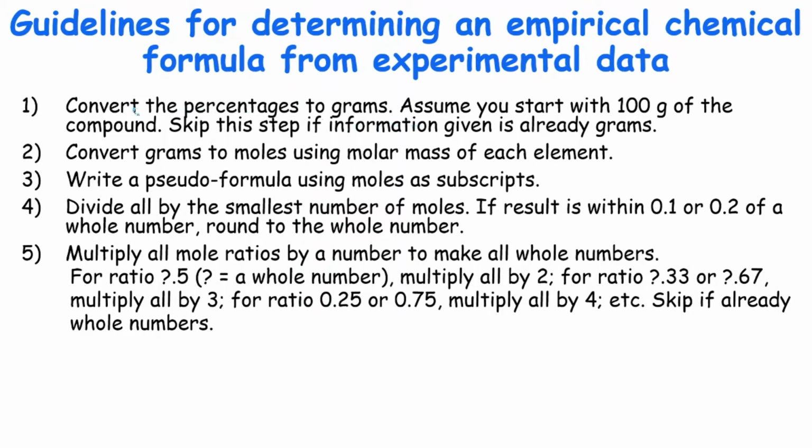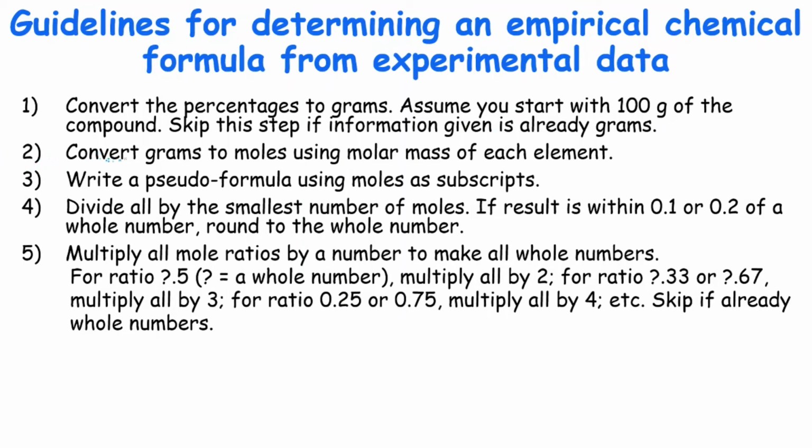Okay, very briefly. Number 1, typically the mass percentage of each element is given, and we can just simply assume that we have 100 grams. Then the mass percentage becomes grams.